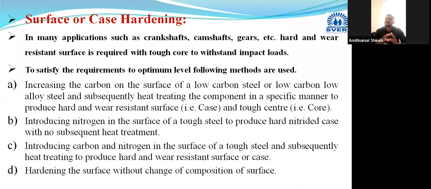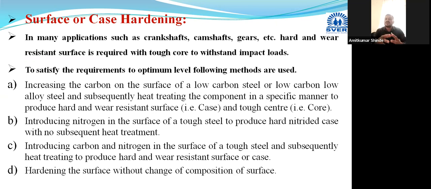In these components we require a hard and wear resistant surface, because there will be some friction. Hence whichever surface is there, it should be hard and wear resistant, and the tough center portion of that component should sustain high impact loads.